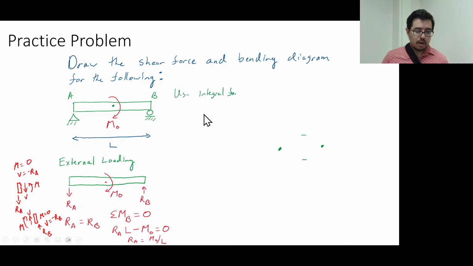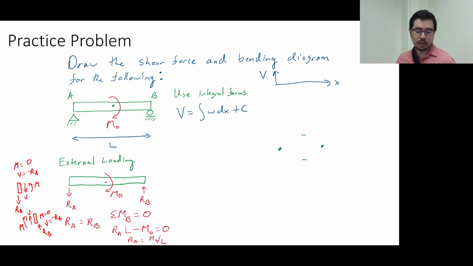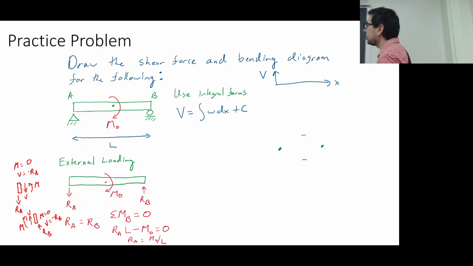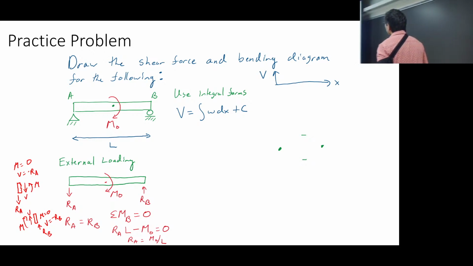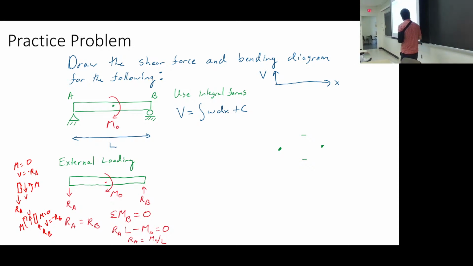So now let's use the integral forms of our equations that we developed. So we have V equals the integral of omega dx plus C. That was the dV/dx equal to w in integral form.